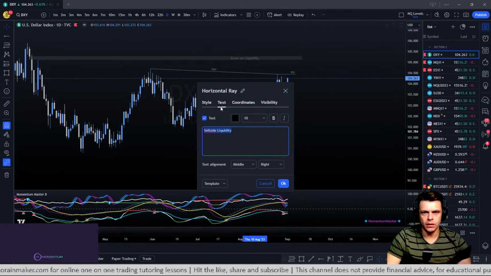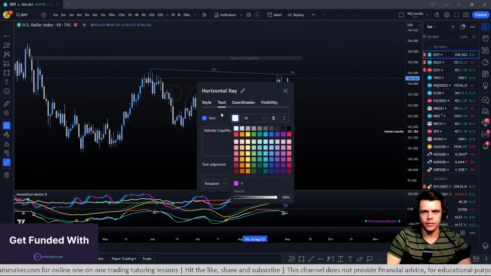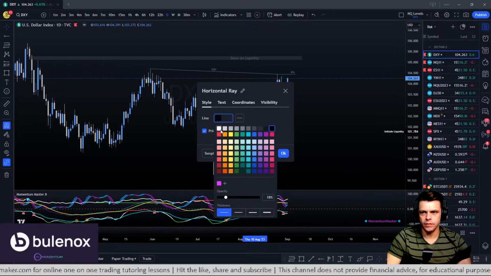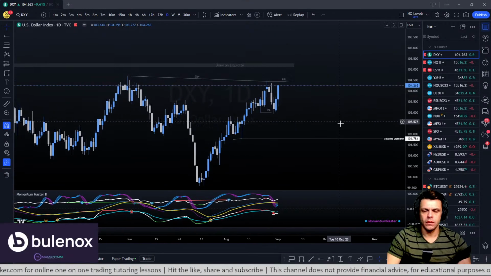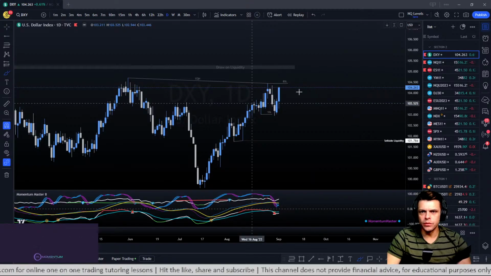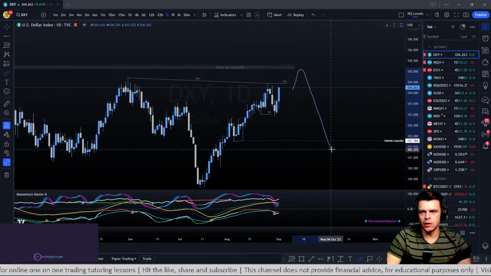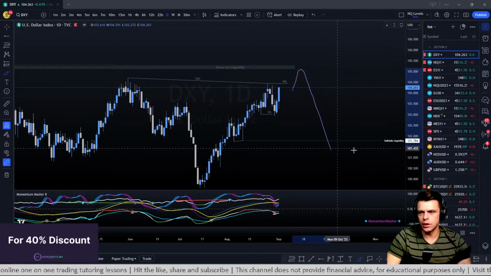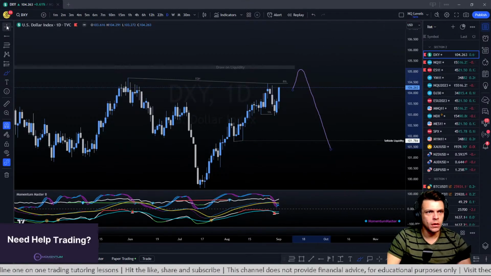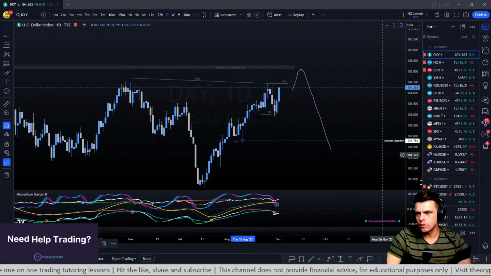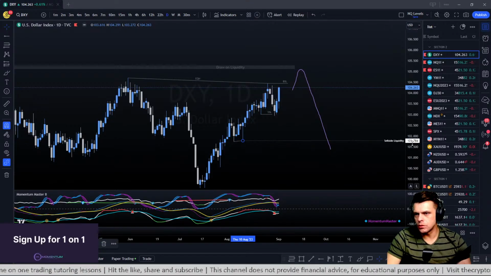That's going to be the sell side liquidity. So I'm seeing a potential move up into this area and then potentially down towards the sell side liquidity that resides below 101.784.